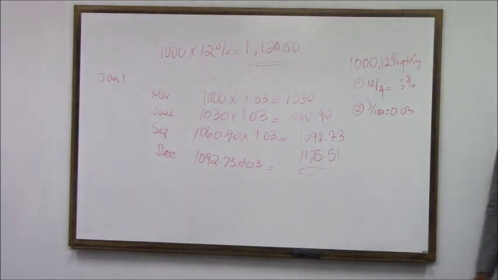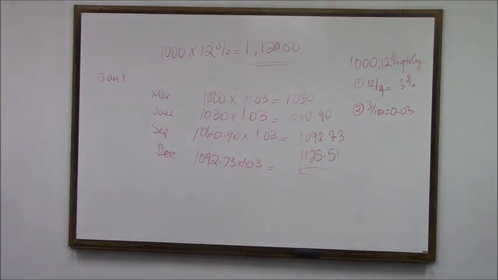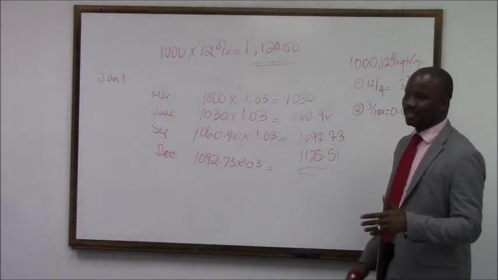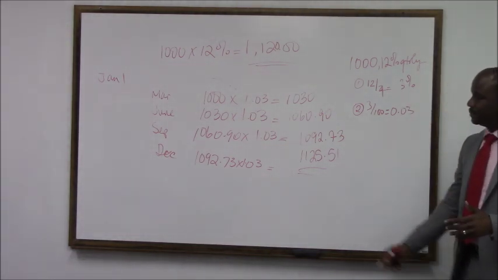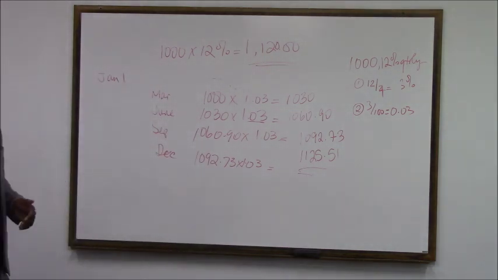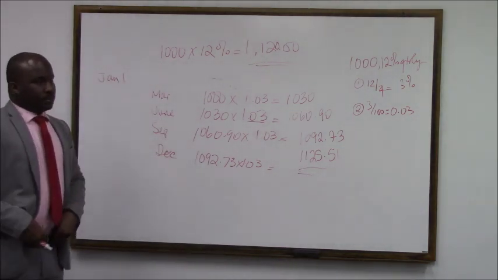How do you make your decimal into an integer? An integer being a whole number. How do you make that into a whole number?